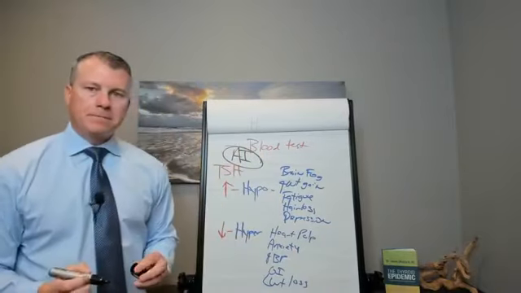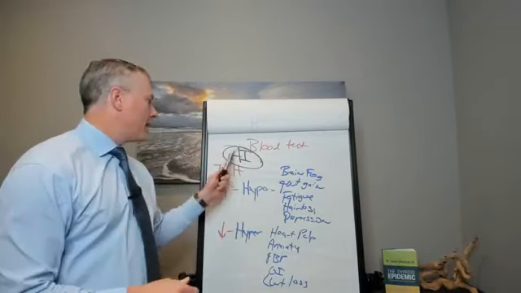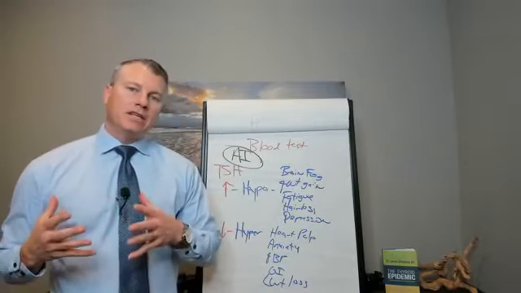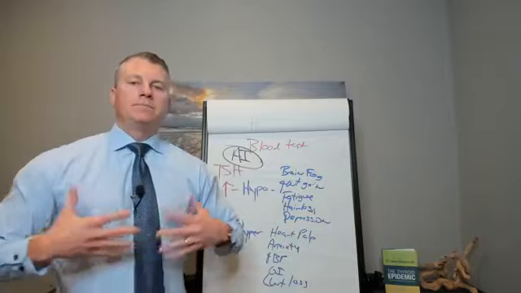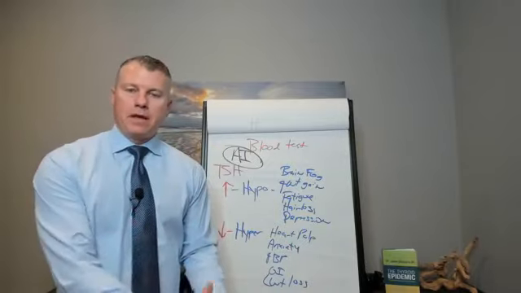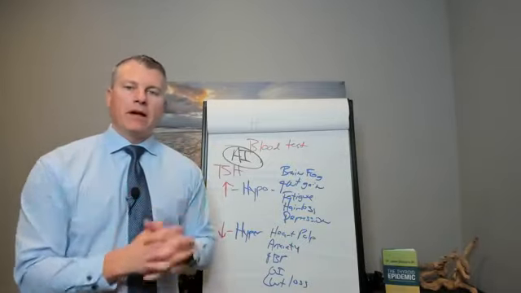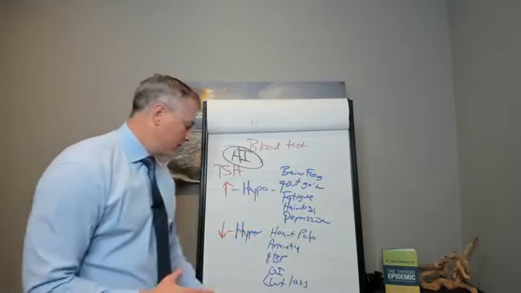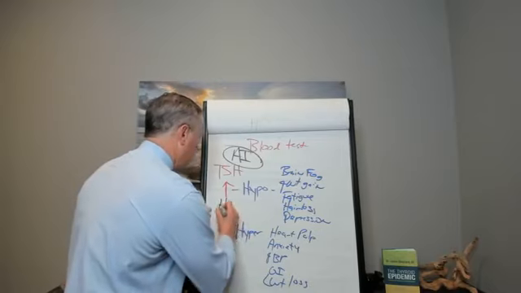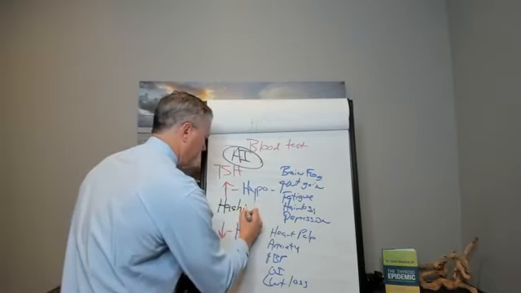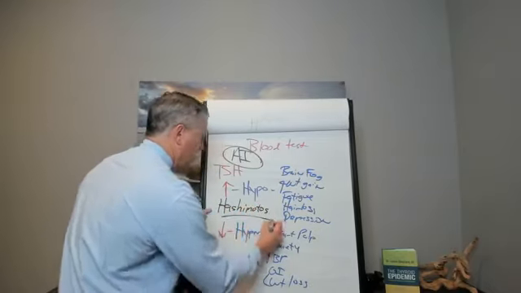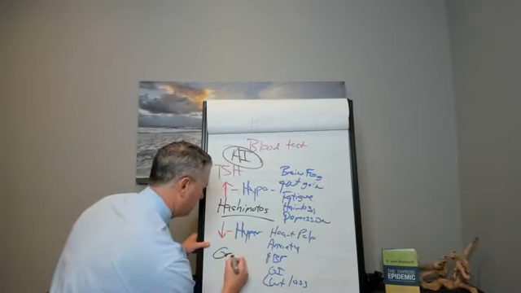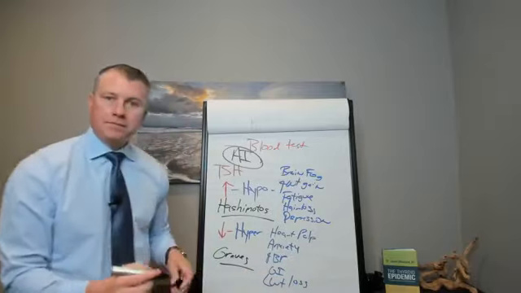an autoimmune disease. What I mean by autoimmune disease is that the immune system is actually attacking and destroying the thyroid. When that happens, depending on the area of the thyroid that's being attacked, it can cause a hypothyroid situation, which is called Hashimoto's, or it can be hyper, which is called Graves' disease.